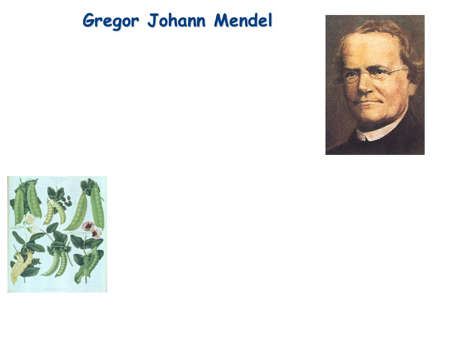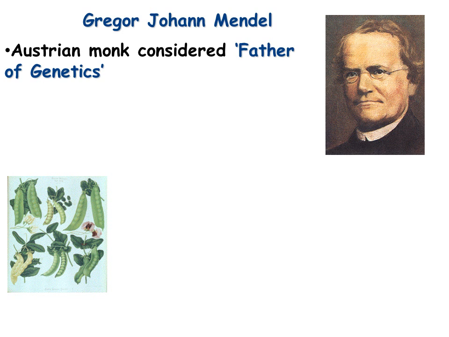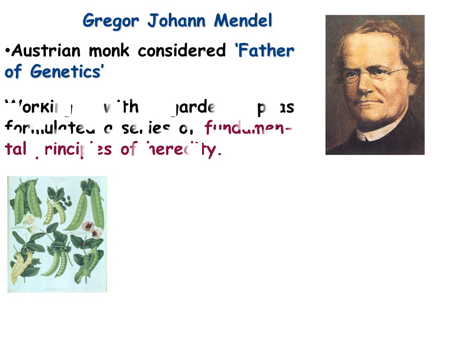So let's go a little bit into the history, starting with Gregor Johann Mendel. He was an Austrian monk, considered the father of genetics. And of course, I couldn't resist putting a little picture of the peas over here on the lower left, because he figured these out in his garden where he grew some peas.